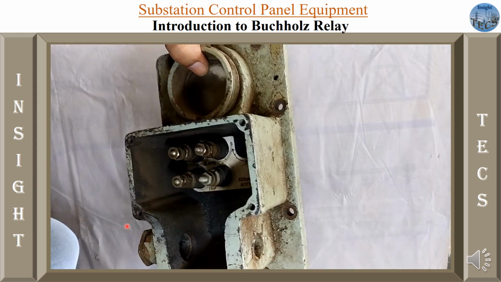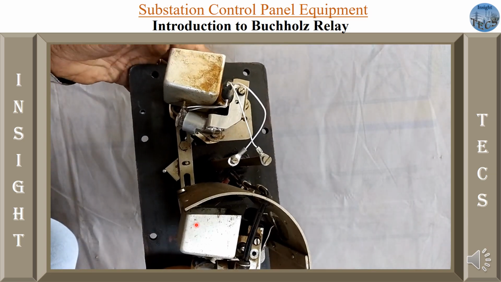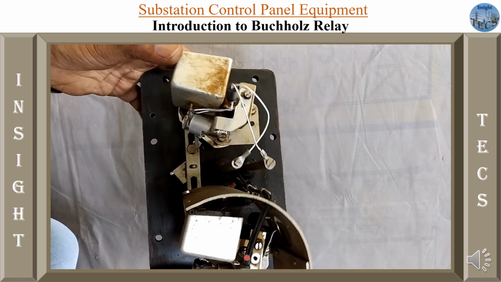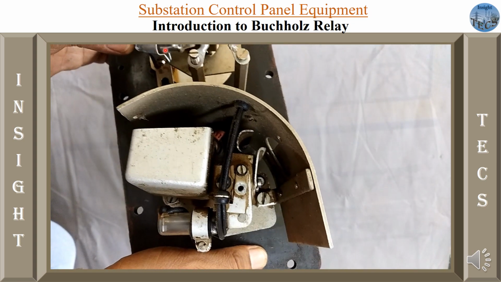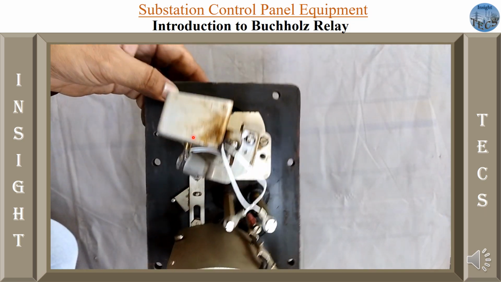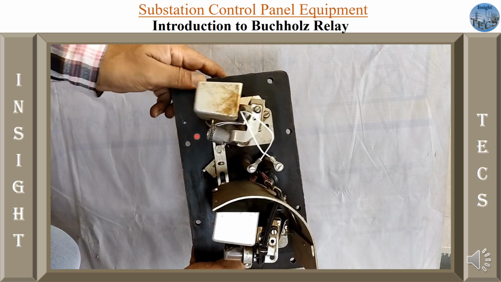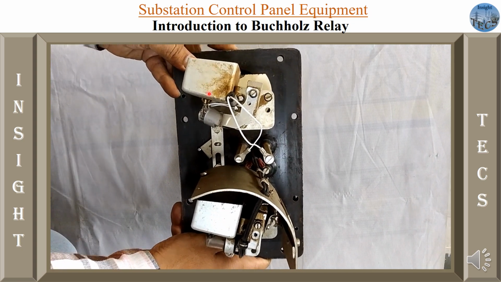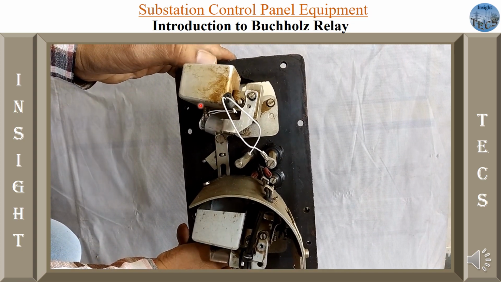So friends, this is how a Buchholz relay looks from inside. It has two floats. The upper float is for alarm and the lower float is for tripping. Both the lower float and the upper float have a mercury switch placed inside them. Whenever there is a fault inside the transformer, due to the gases, the oil level goes down, and due to the presence of this gas the float moves downward, right?